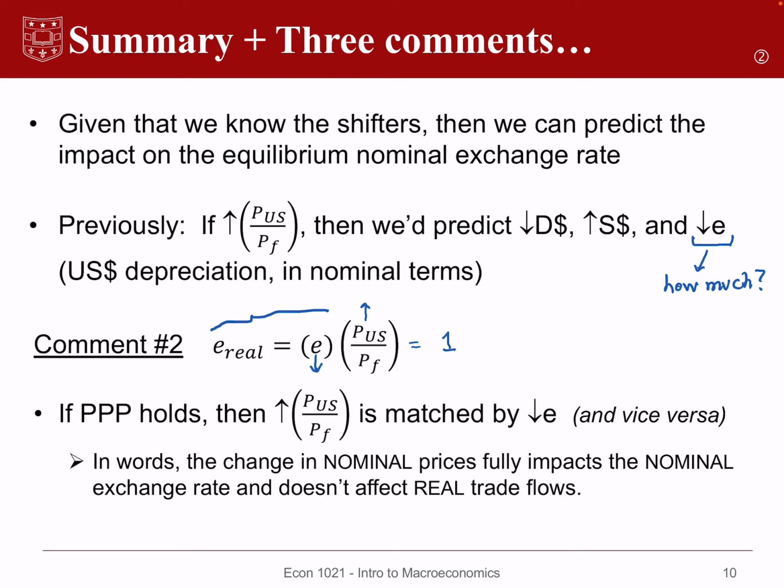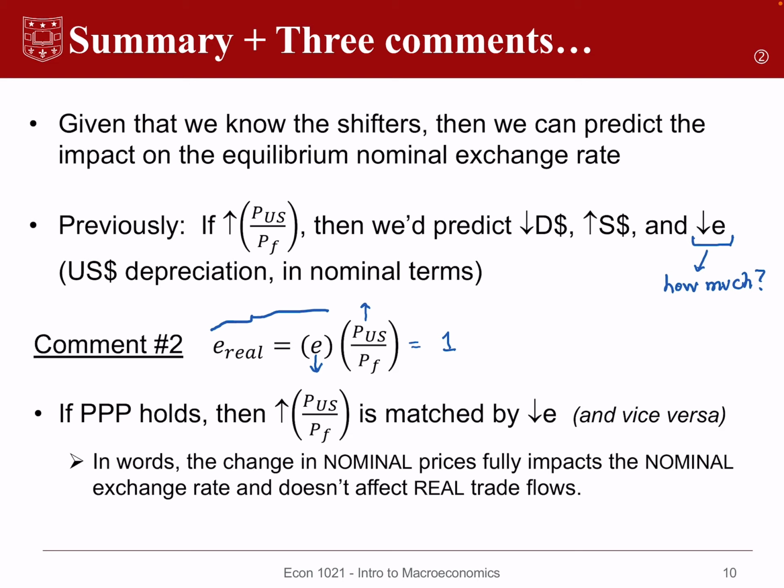And that makes sense as a long run proposition. All of the other things that were in that blue and white table on slide 8 are real variables, so real interest rates, real profitability, real income levels, and so forth. And we were saying changes in real variables ought to affect the real exchange rate and trade flows.